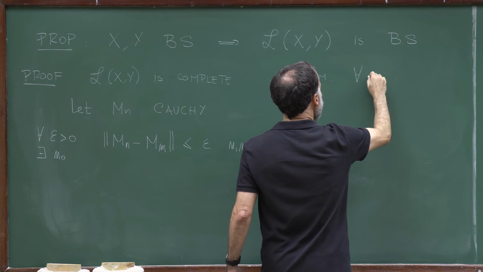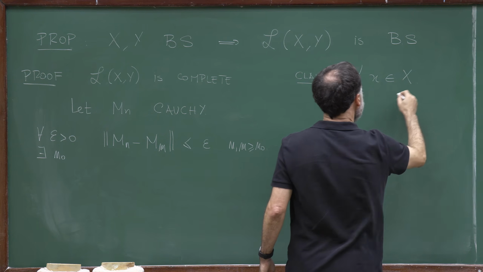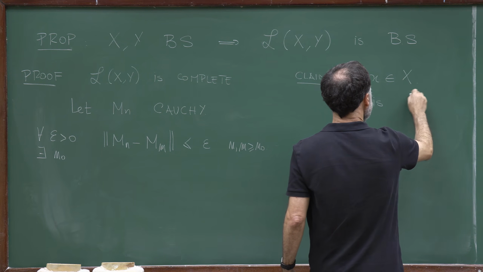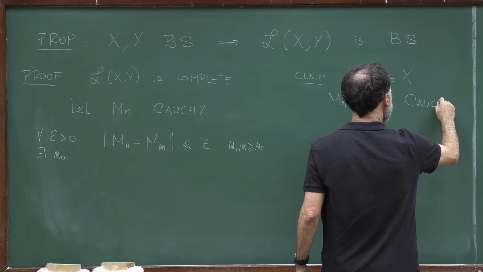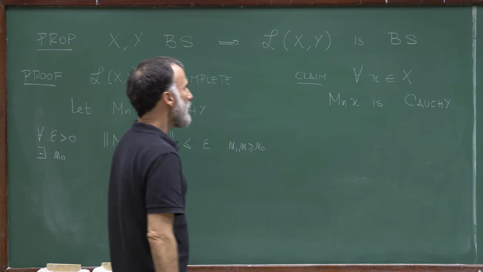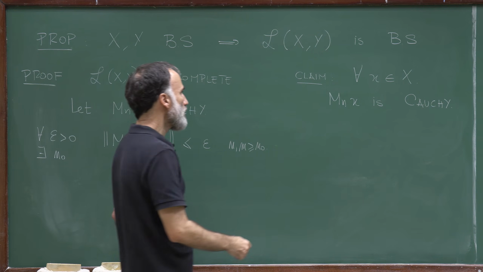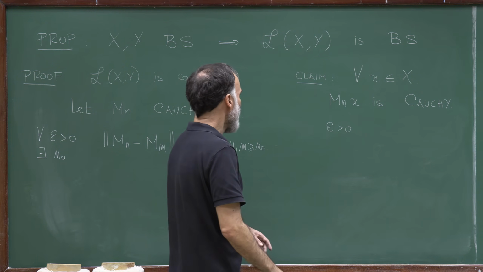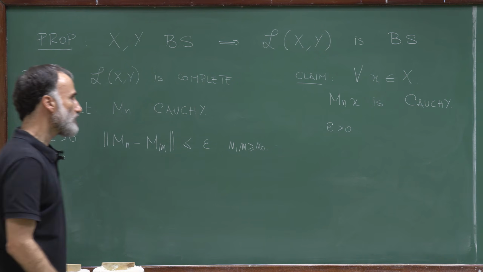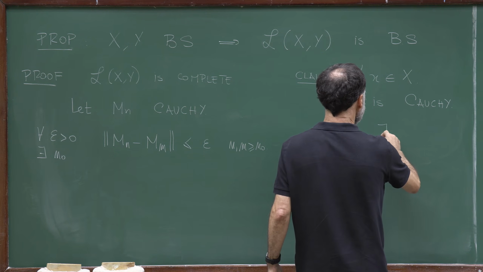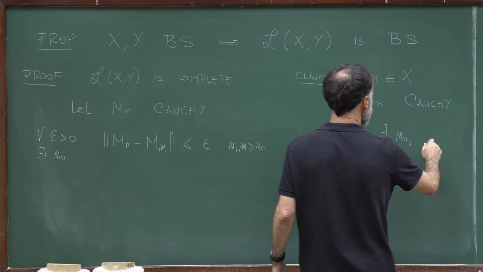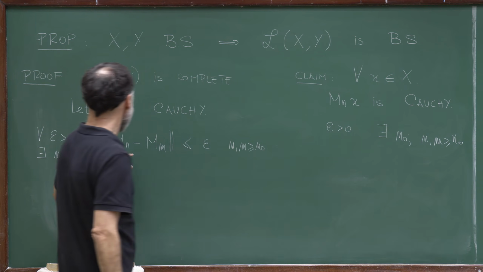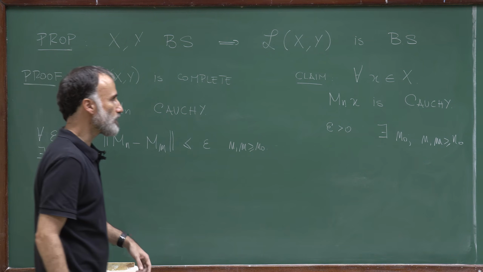You take any x in X, then Mnx is a Cauchy sequence. And, well, let's prove that. So you fix epsilon positive. By this property, you know that there exists n0 such that if n and m are larger than n0, this inequality holds. I will not write it again.